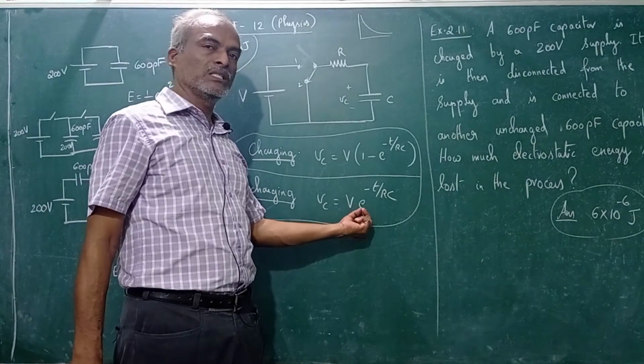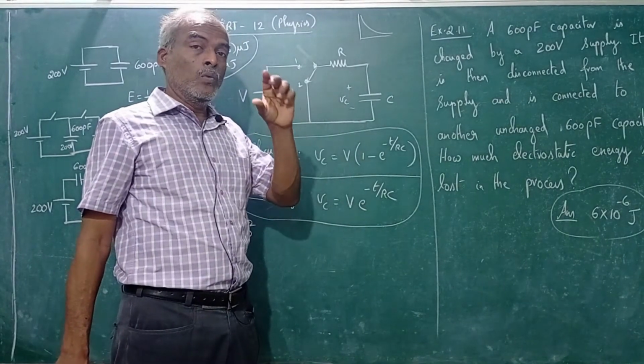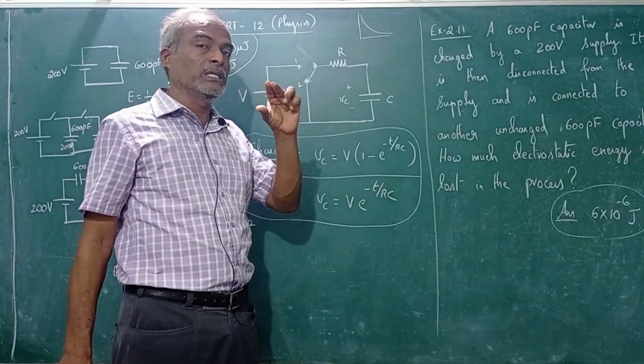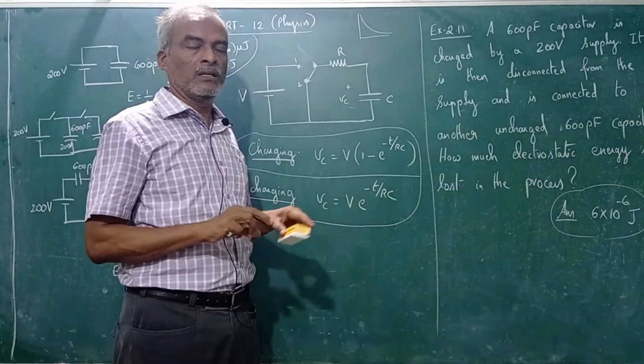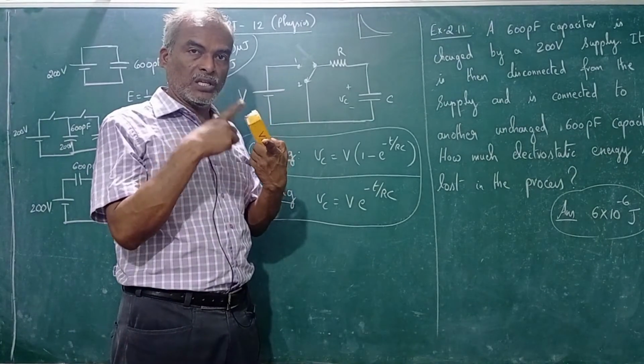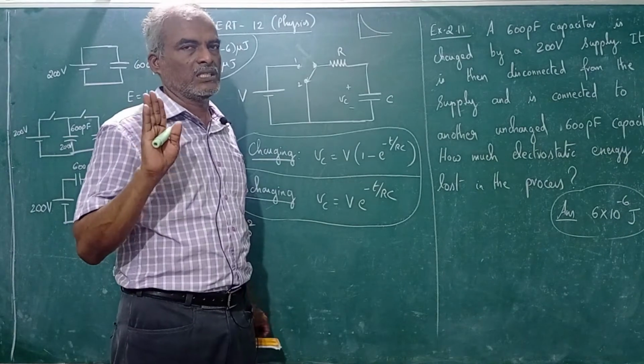V into this is 0. That means within no time, whatever charge held by the capacitor has to discharge. That's why we see a huge spark when we short a capacitor using a wire, because wire resistance is almost negligible. Okay, that's the concept.